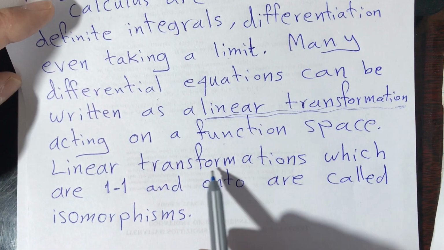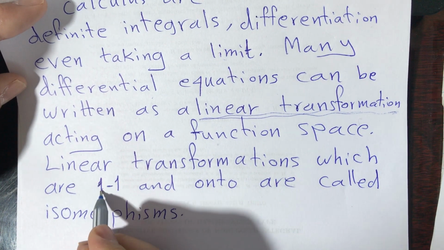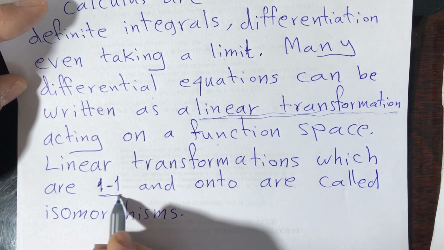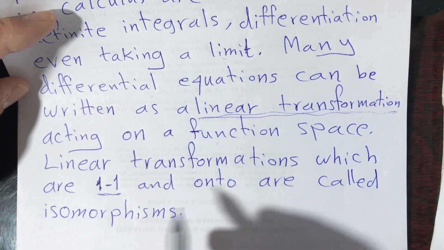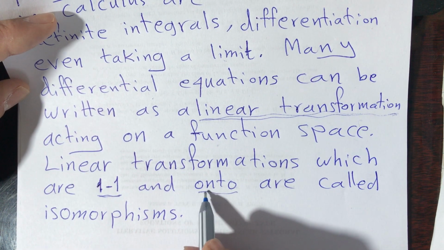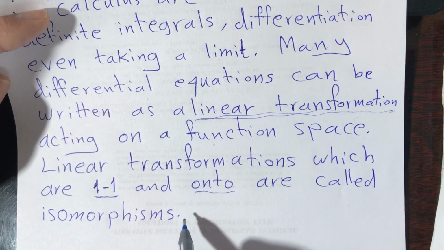Linear transformations which are one-to-one. You know one-to-one from calculus; we talked about it in the first semester. One-to-one and onto, also you know onto, are called isomorphism.